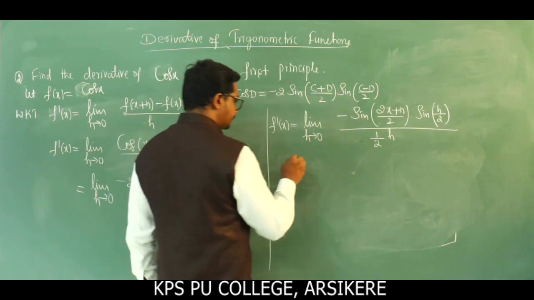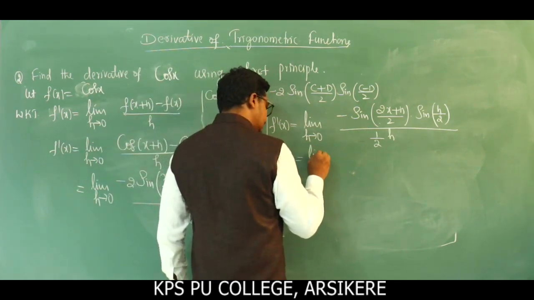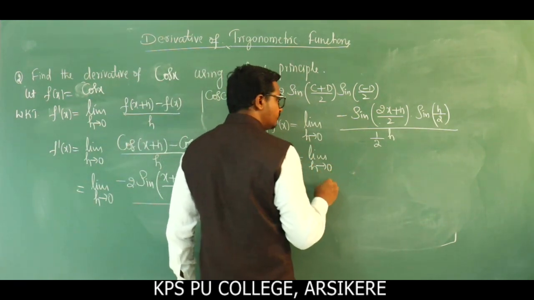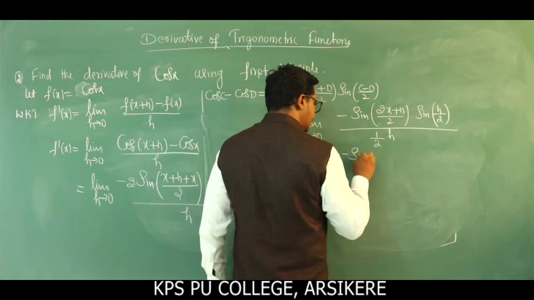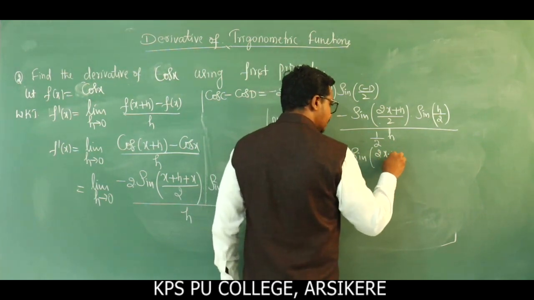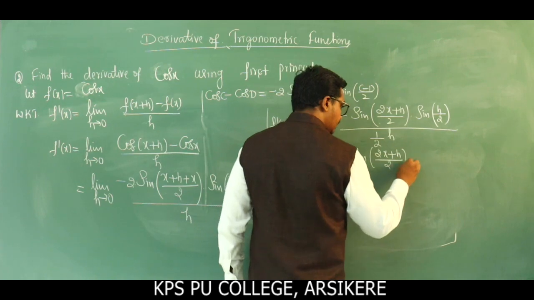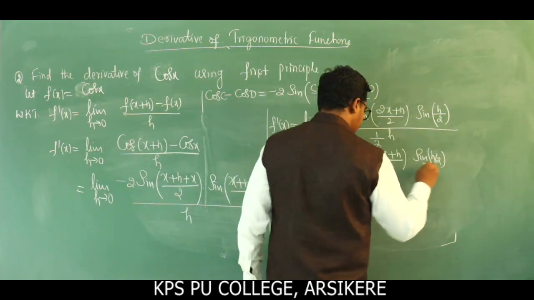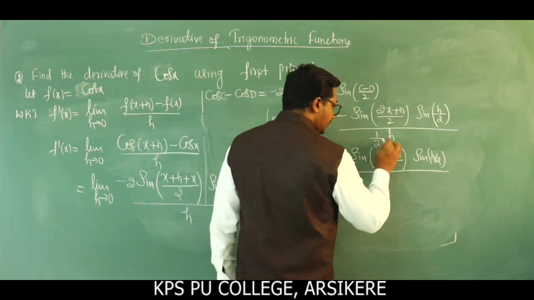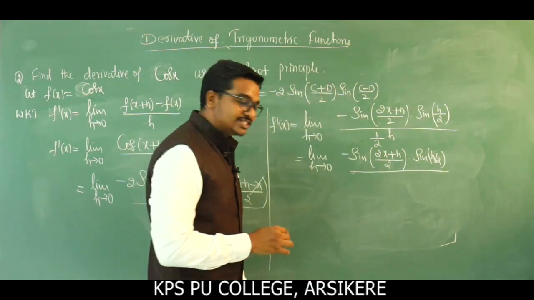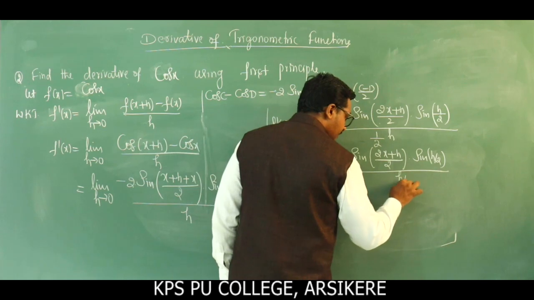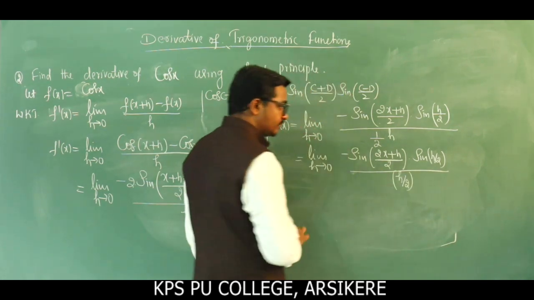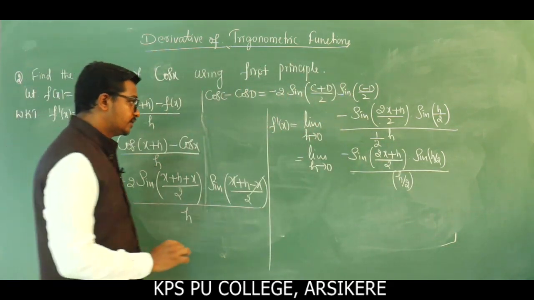Next step is limit as h approaches 0 of minus sine of (2x plus h) divided by 2 into sine of h by 2, whole divided by 1 by 2 into h, which can be written as h by 2. Now separate the limit.